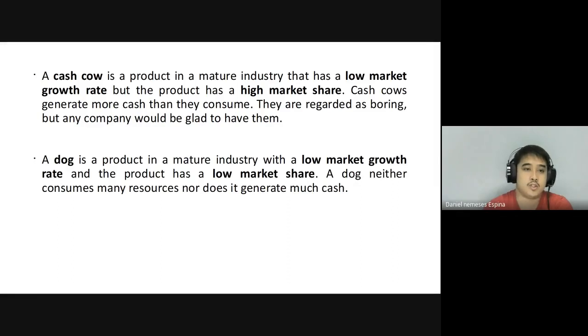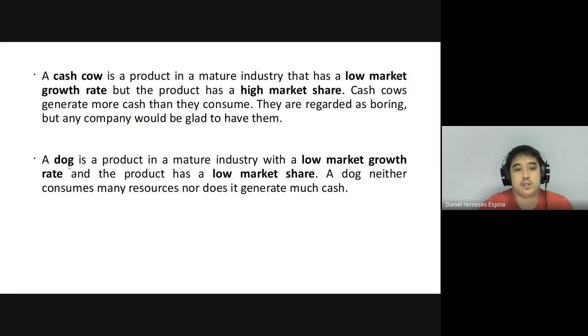So the cash cows generate more cash than they consume. So your investment or expense on those businesses or products is less, but it generates a lot of cash. They are regarded as boring, but any company would be glad to have them. I will explain later why companies would still be glad to have the cash cow.